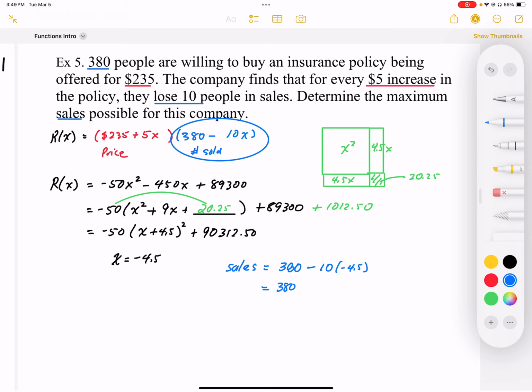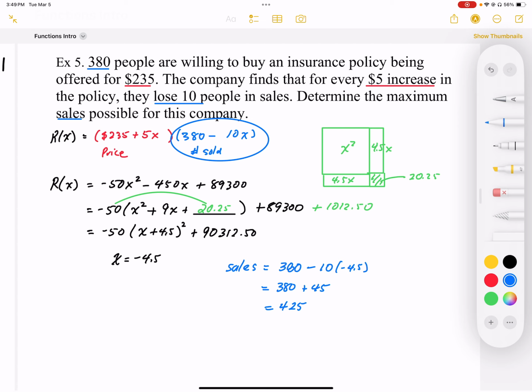Okay, so I get 380. This is going to be plus 45. So the maximum sales I'm going to end up with is 425 sales. So that's the sales number insurance policies I sell.